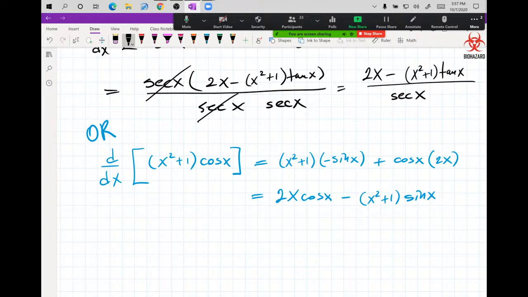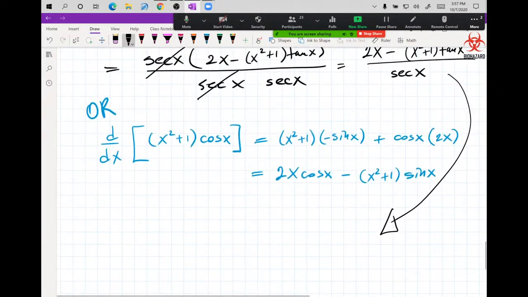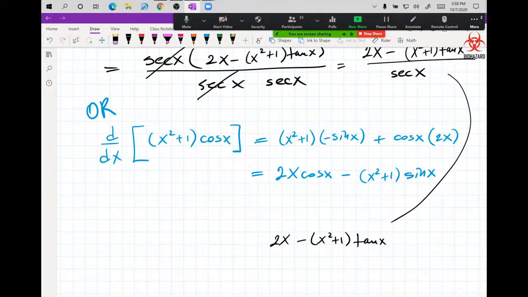I can show that even though it's a basic pre-calc. So if I do 2x minus x squared plus 1 times tangent x, now remember tangent x is sine over cosine. So let's write that in, sine x over cosine x.